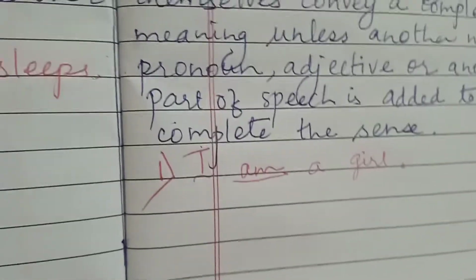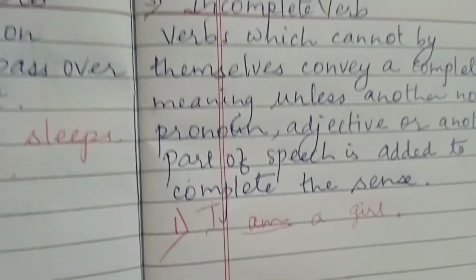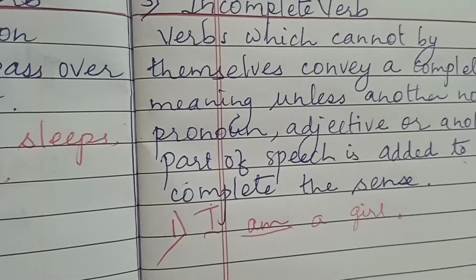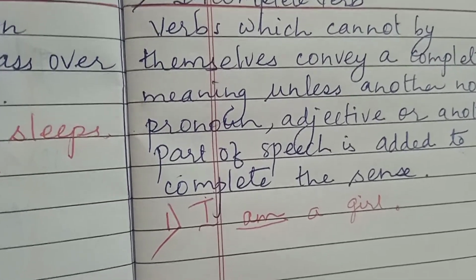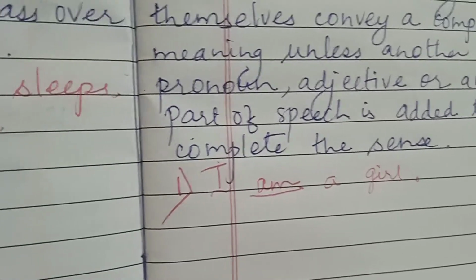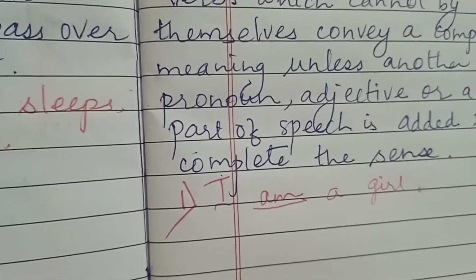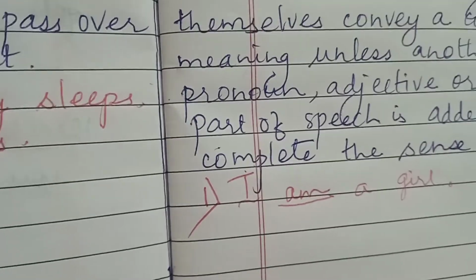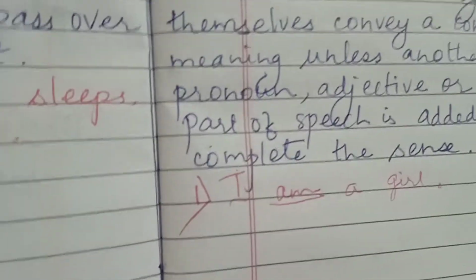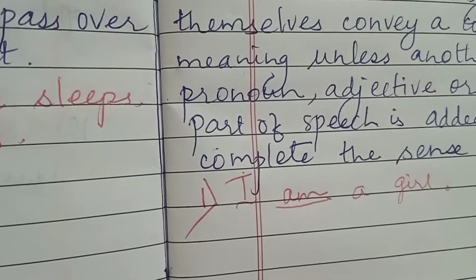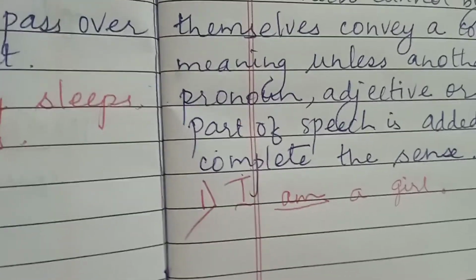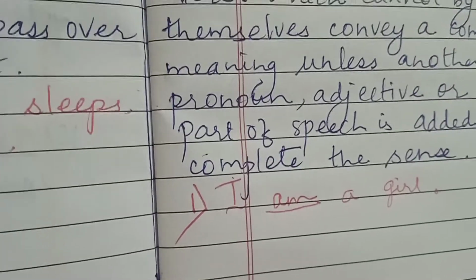So this type of verb, am, is an incomplete verb. This type of verb requires another noun. I have added another noun, a common noun, a girl, and only then has this sentence become a meaningful one.